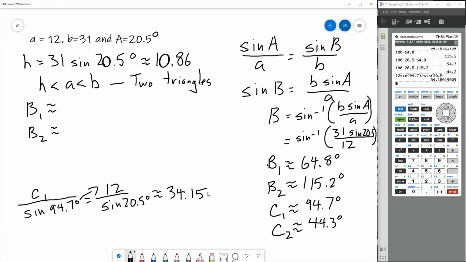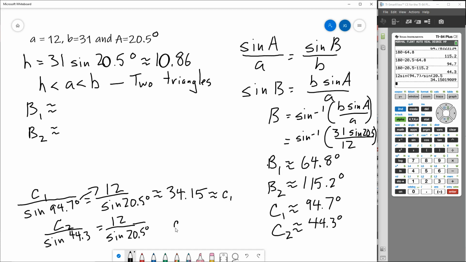And that's going to get me a c1 of approximately 34.15. If I do the same for my c2, the only thing that I'm changing is that I'm going to be using the C2 angle in its place. So it's going to be c2 over sine of 44.3, equal to the same 12 over sine of 20.5.